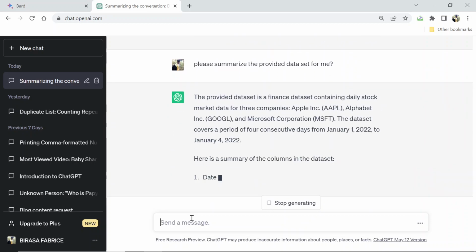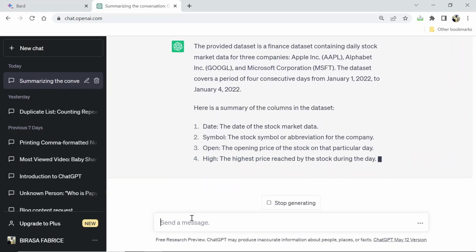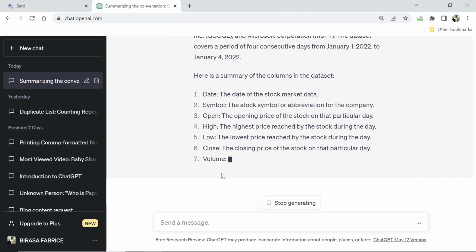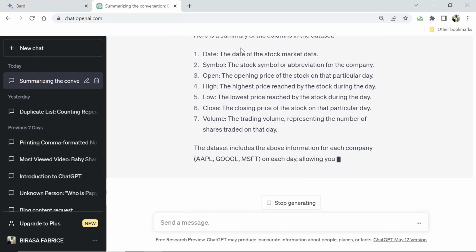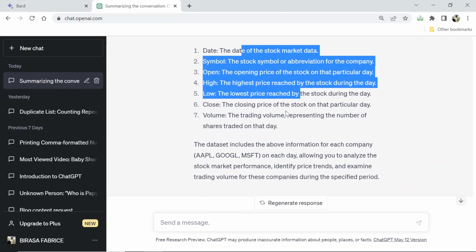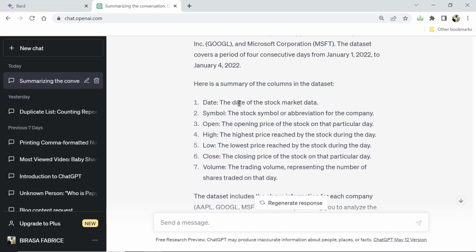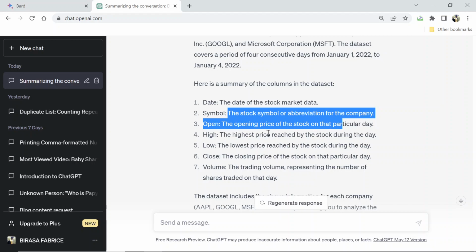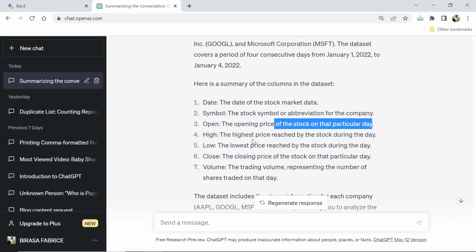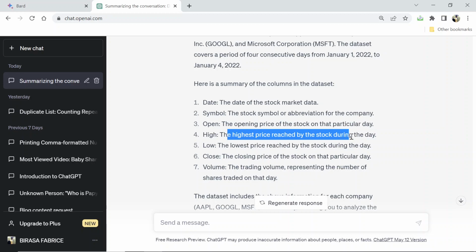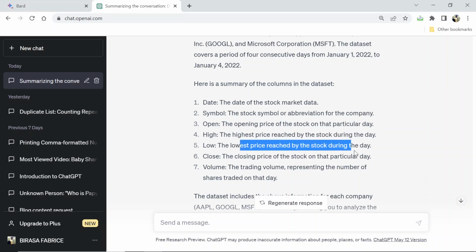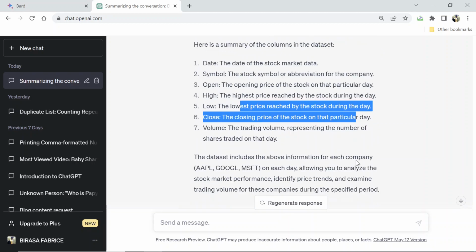Finance data contain the stock market data for 3 companies. Apple. The date of stock market. The stock symbol abbreviation for the company. The opening price. The highest price reached by the stock during the day. The lowest price reached by the stock.